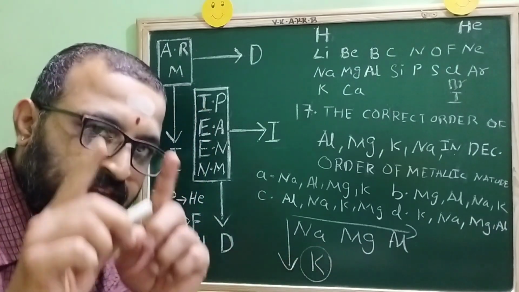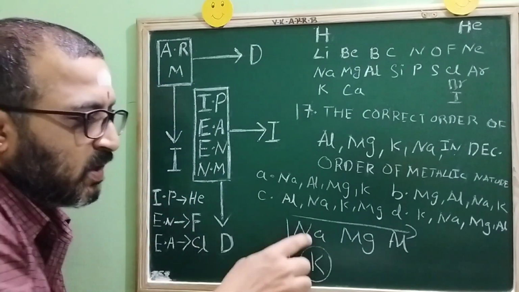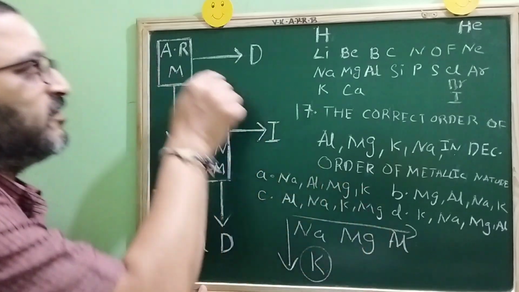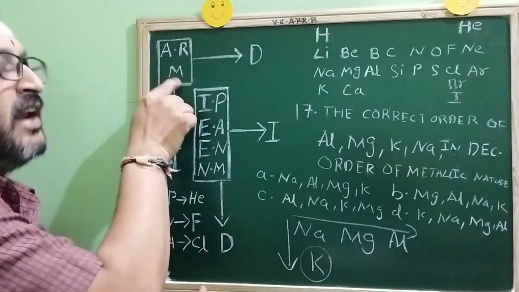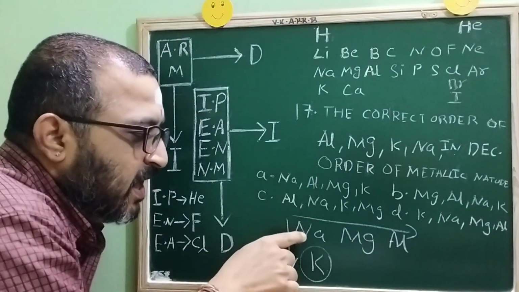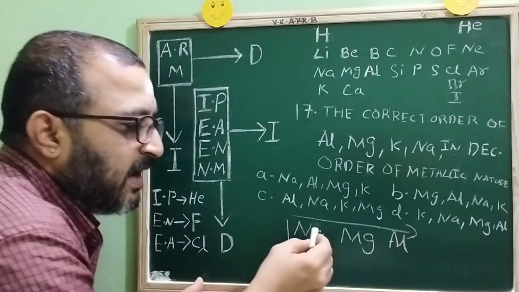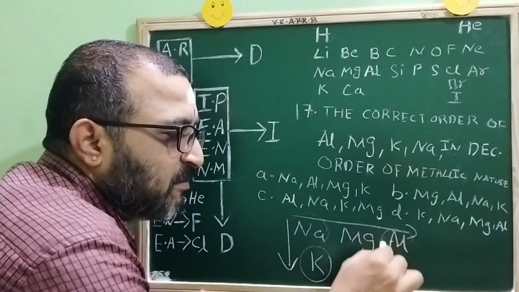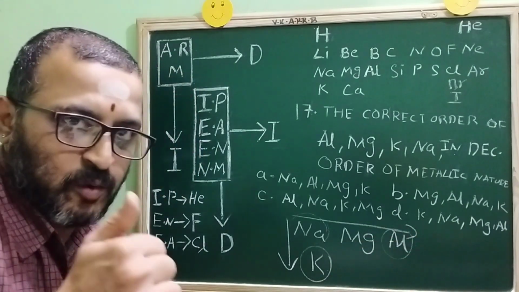Yes, it is potassium. Now, when you compare sodium, magnesium, and aluminium, that is, across the period, the metallic nature will decrease. The one with the maximum metallic nature is what? Sodium, and the one with the least metallic nature will be aluminium.